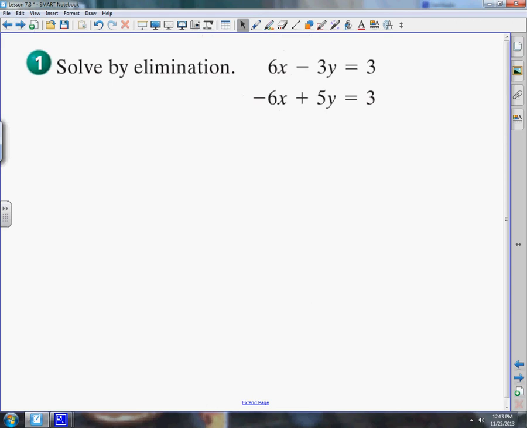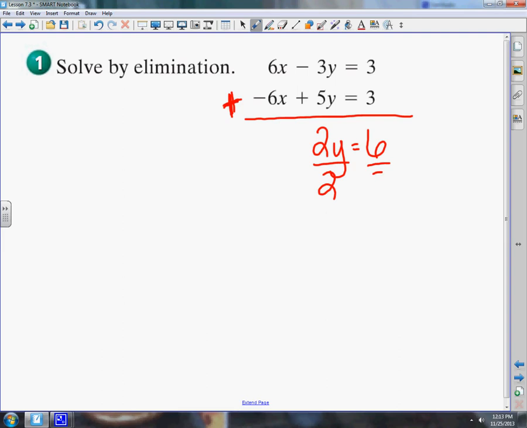So try this one. All right, so I'm going to draw my line. And 6x minus 6x, those cancel each other out. Negative 3y and positive 5y is 2y. And what you're doing is adding, remember, you're adding this whole thing. So 3 plus 3 is 6.